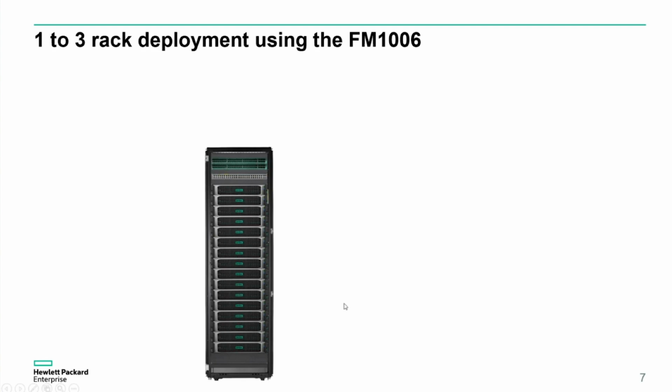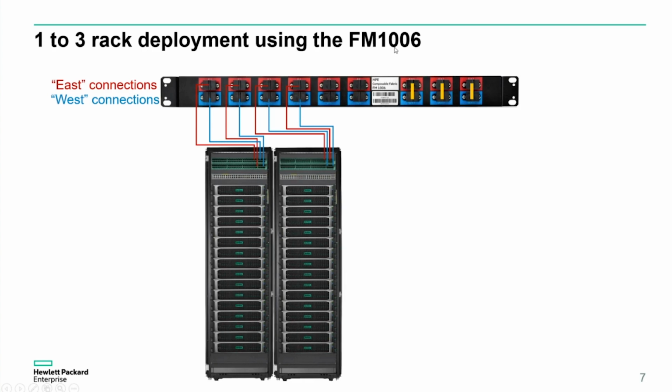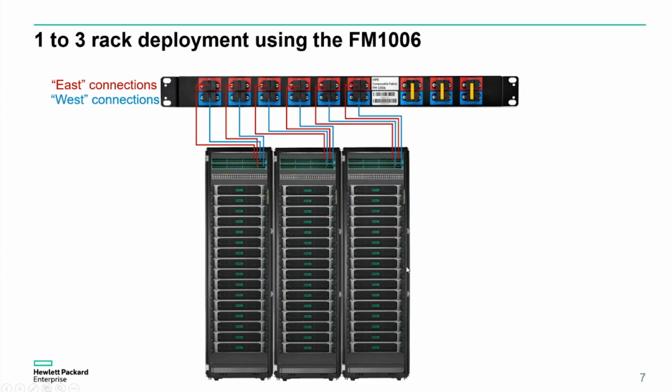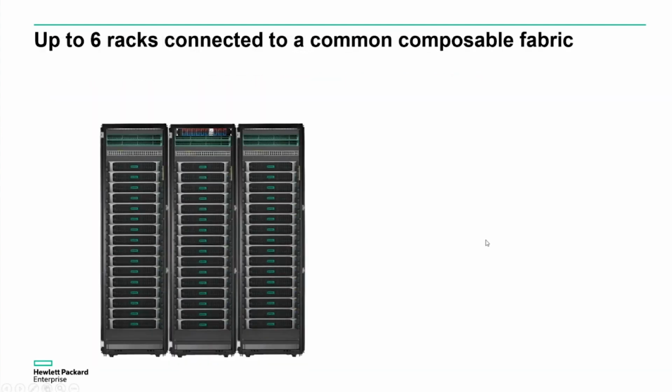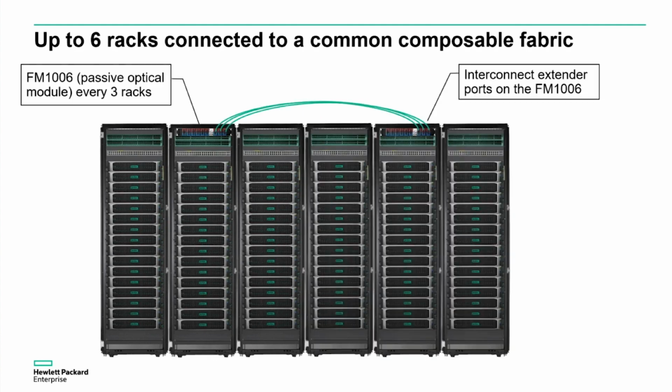Now, to scale this environment, we add in the FM1000 switch. This is a passive fiber pass-through module. So then you connect all of the switches up into the FM1006, and this is basically how you scale out your environment. To get to 6 racks in a single management domain, we have basically 2 sets of 3 logical racks, and they connect together over the FM1006.